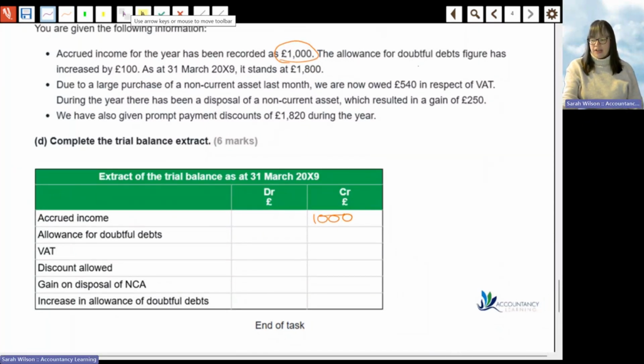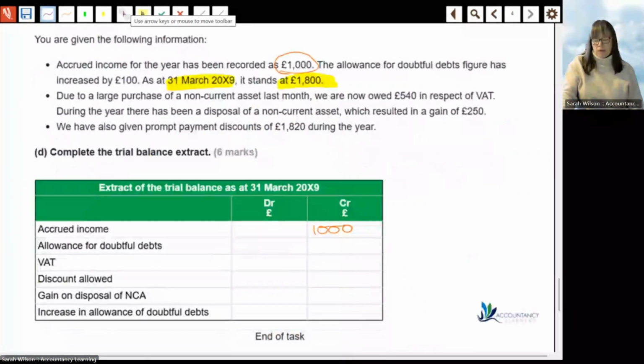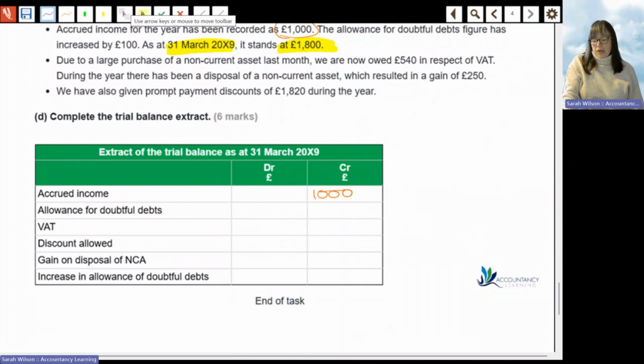We're told the allowance for doubtful debts figure has increased by 100, but we're given the balance as at the year end date. So here you can see the balance is the 31st of March 20X9, and we're told at that date it stands at 1,800. So it's going to be a liability to the business of 1,800.